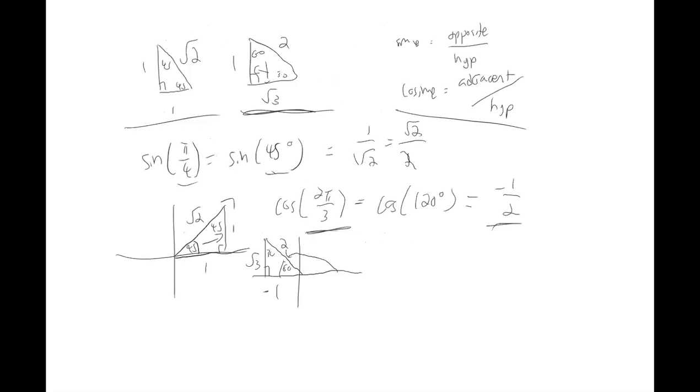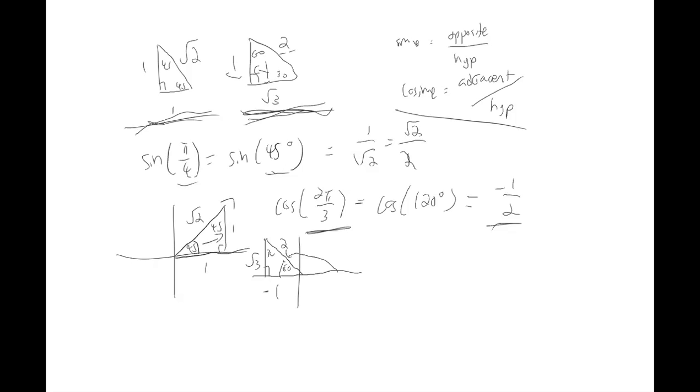So you ask yourself, out of these triangles, how can I get a half? Just going a bit slower: first off, this has no 2 in it, so it's obviously this one, right? So you want the 1 and 2.